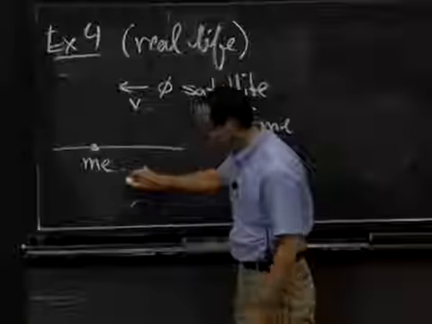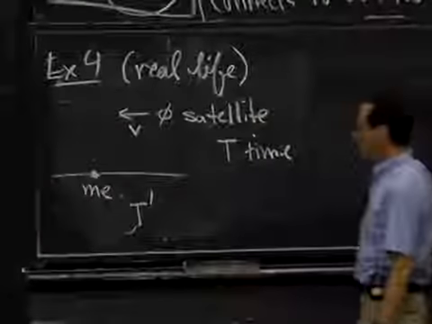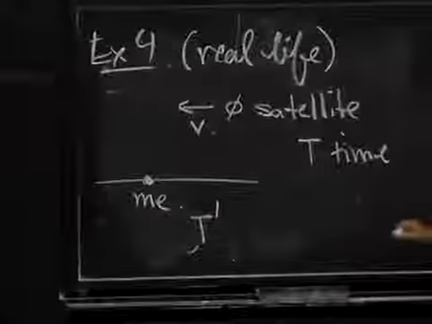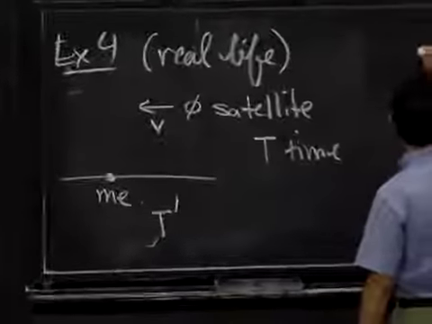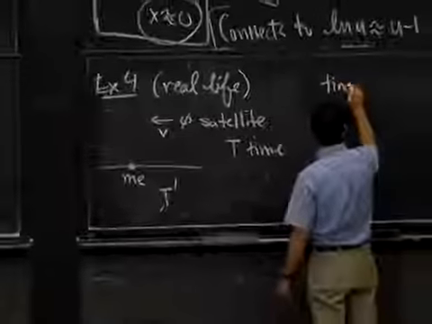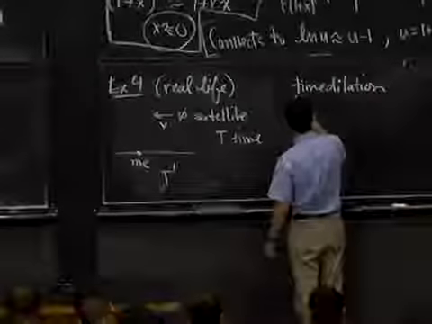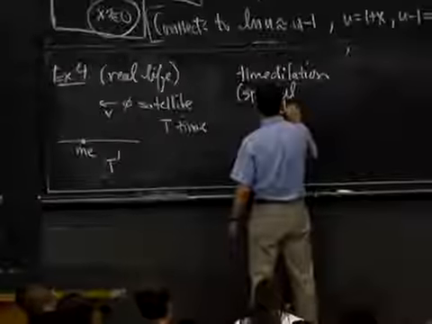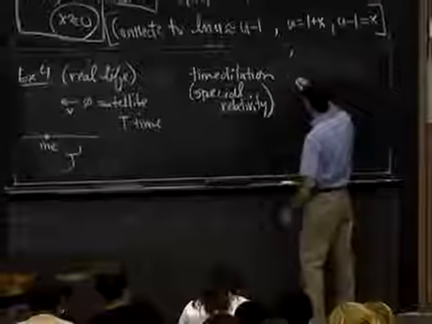But I have a watch, in fact it's right here, and I have a time which I keep, which is t prime. And there's an interesting relationship between t and t prime, which is called time dilation. And this is from special relativity. And it's the following formula.